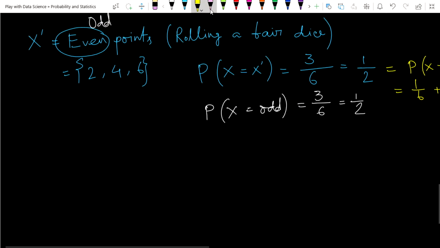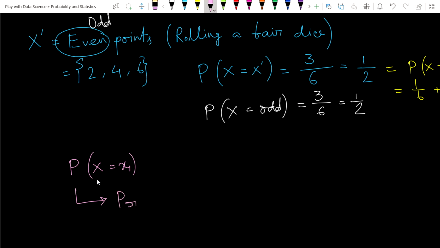Now many times, instead of using x for a random variable, the outcome will be x1. This probability means the probability of the random variable x when its output will be x1.